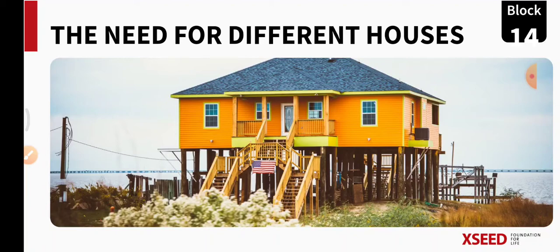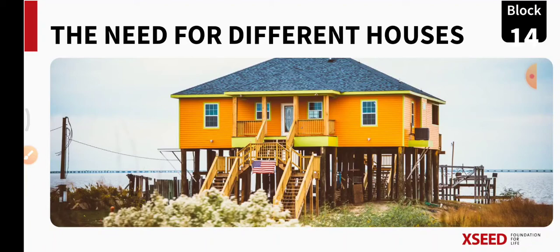The house is supported by wooden sticks and it is above the surface of the ground so that when it rains heavily the water does not enter the house. Right, even in this picture, in the background you can see a big water body.